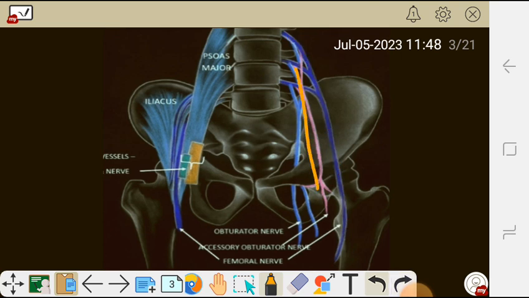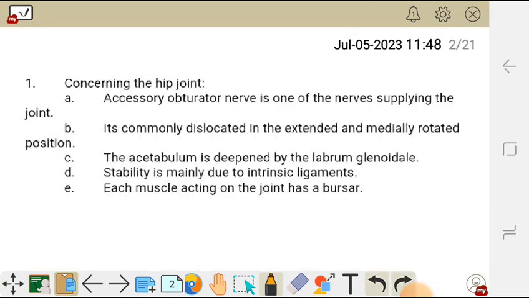In pink is the obturator accessory nerve. So we could see there when reaching the hip joint, it is giving branches to supply the hip joint. That's why we are saying A is correct, because accessory obturator nerve is one of the nerves supplying the joint. So question 1, correct answer is A.